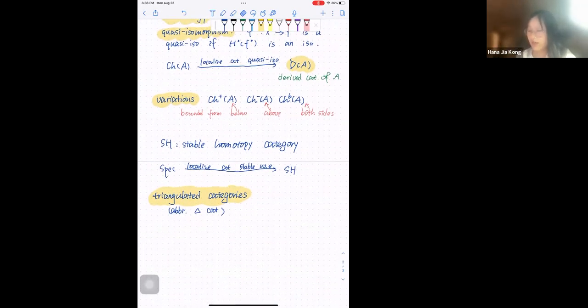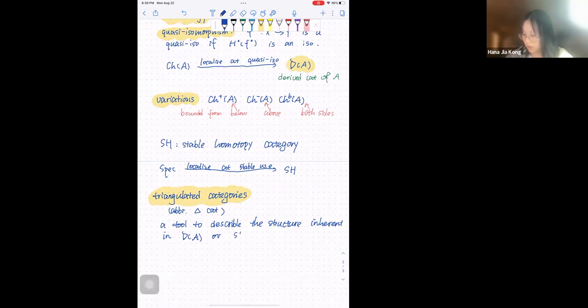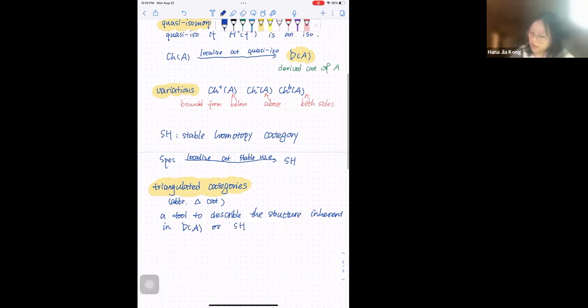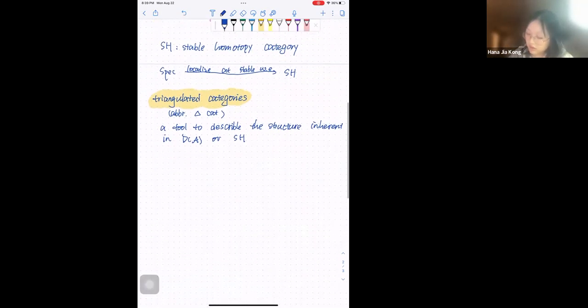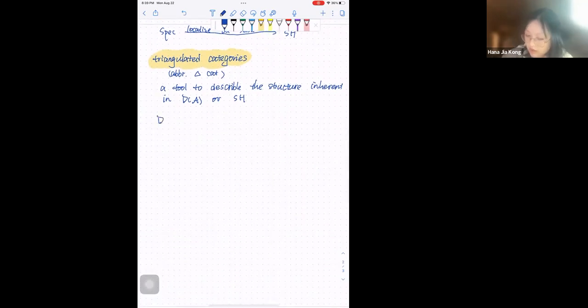The triangulated category is a tool to help us describe the structure inherent in things like the derived category of some abelian category or the stable homotopy category. And the definition is what I'll talk about right now.